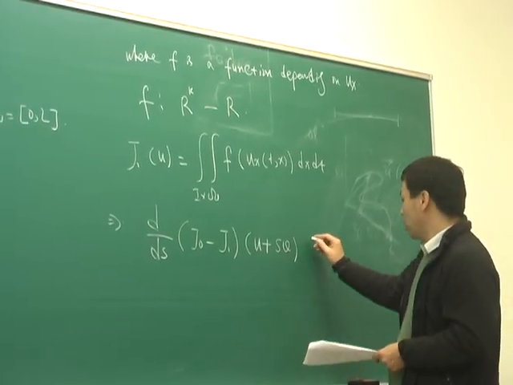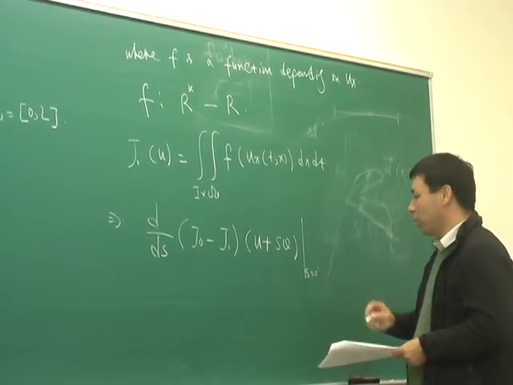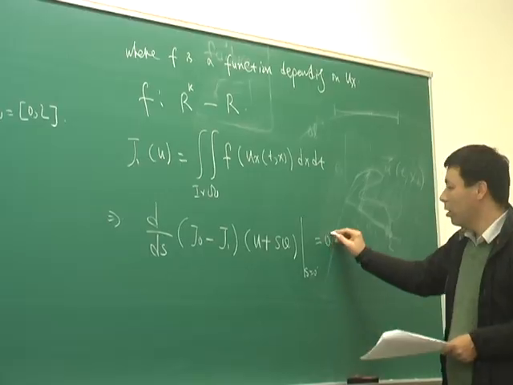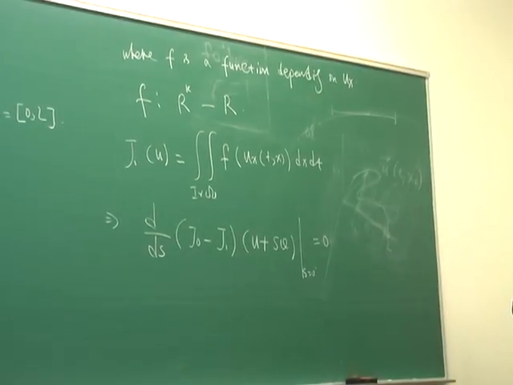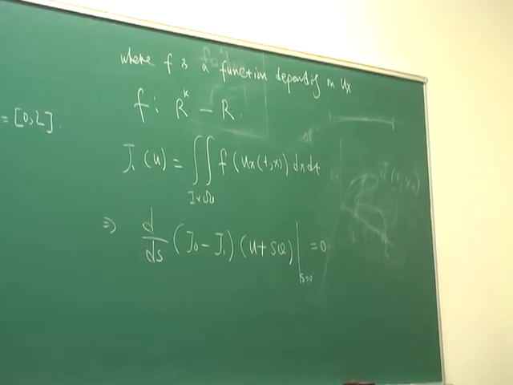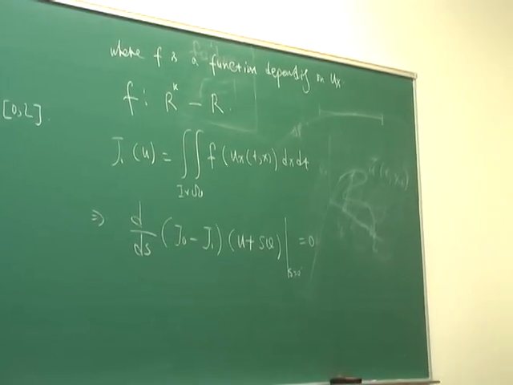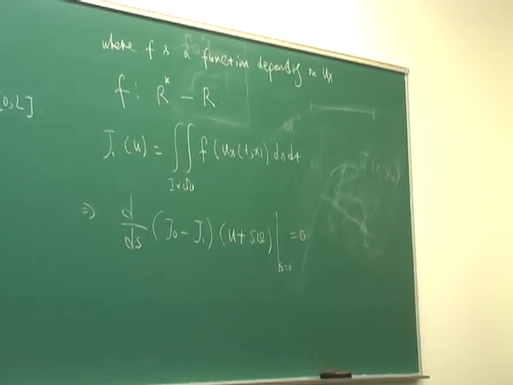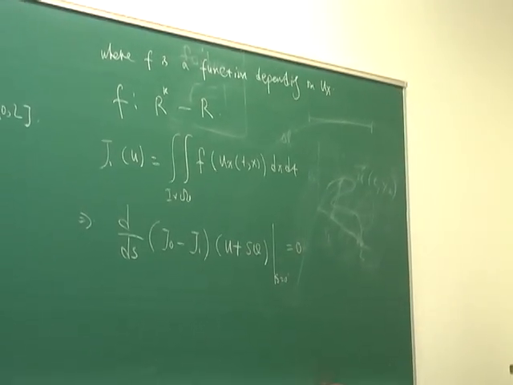And he says S is equal to 0 for our perturbation. So that's the principle of least action, or stationary action. So that quantity J0 minus J1, as John mentioned, is called the action.